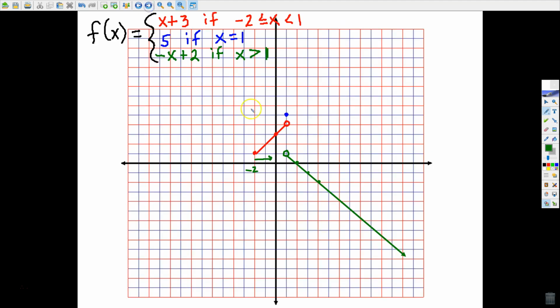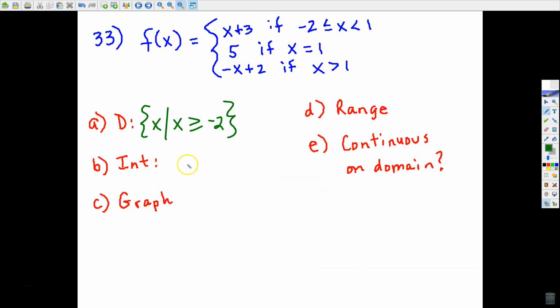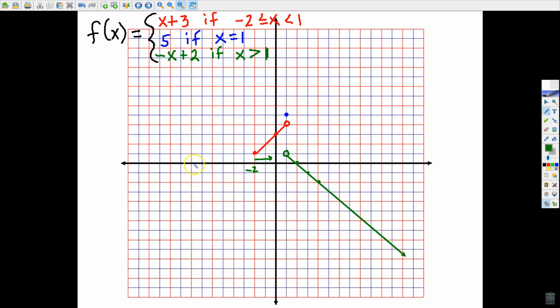Okay, intercepts. Well, let's see, we have a y-intercept at (0, 3), and we have an x-intercept at (2, 0). Okay, looking good so far.